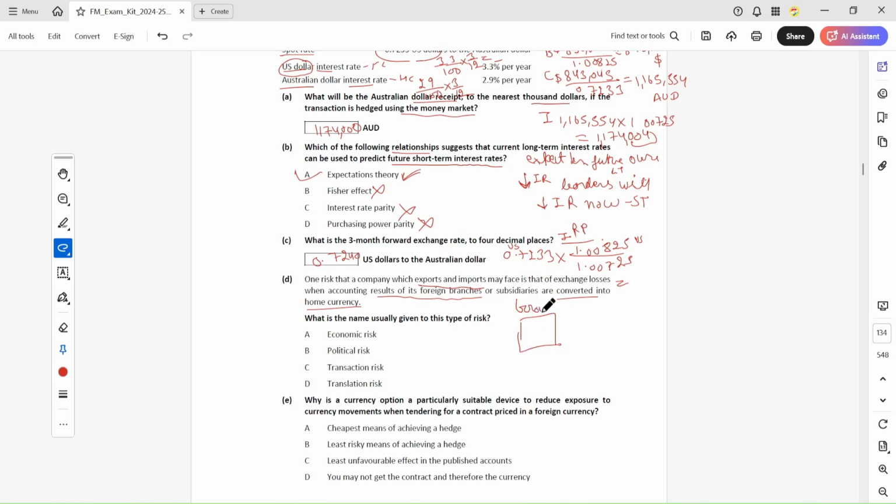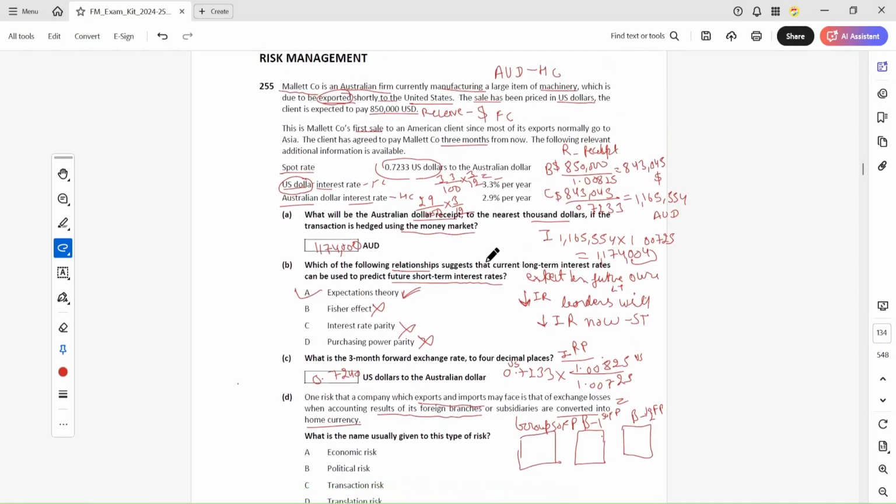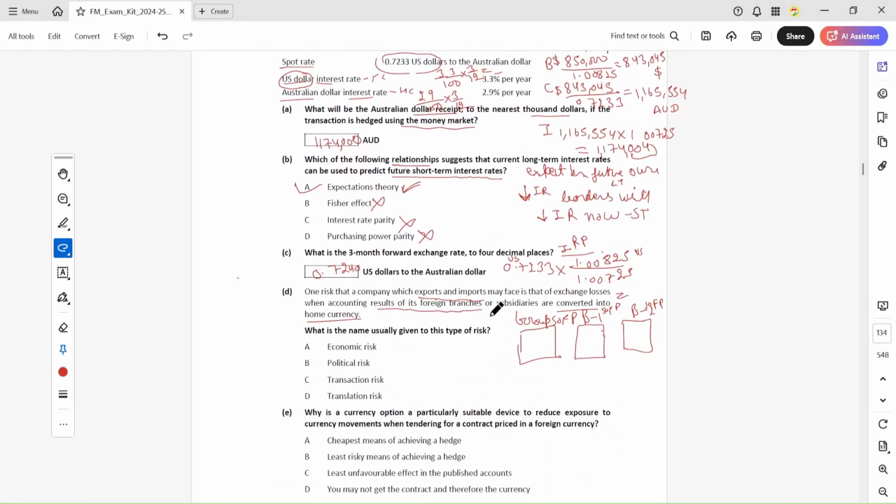The group statement of financial position includes branch 1 and branch 2. The group is in Australian dollars, but the branches are in, for example, US dollars or GBP.